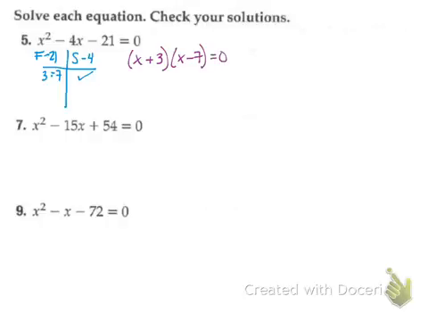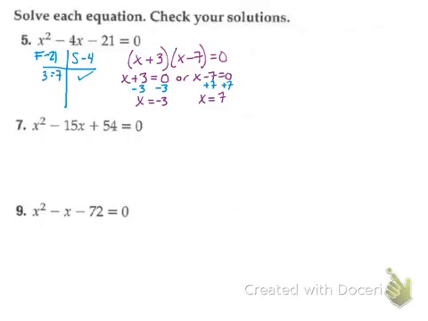Now I use the zero product property and I say x + 3 = 0, or x - 7 = 0. And I solve each equation. And I have two possible answers, -3 and 7.